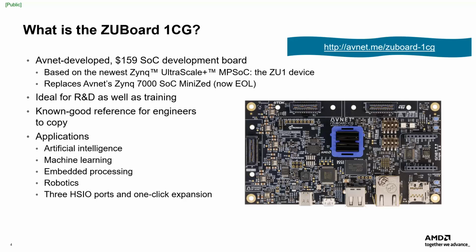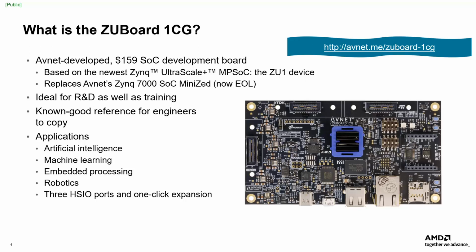With 80,000 logic cells and dual-core ARM Cortex-A53 MP core processing, there's plenty that you can do with the ZU board. All the fundamental circuits for basic prototyping are included on the baseboard, so engineers will have everything they need to get started. Avnet provides online PDFs of the schematics and board documentation and encourages engineers to leverage the proven circuits from this design.